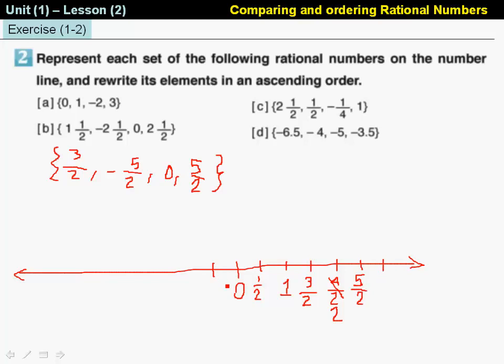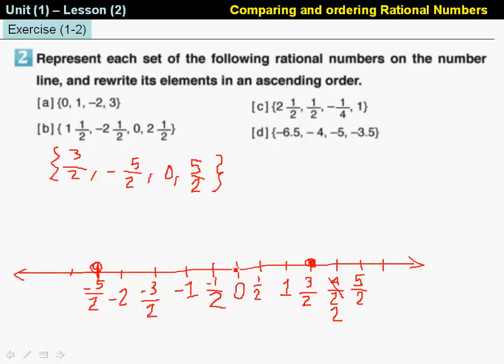Here minus 1 over 2, minus 2 over 2 which is minus 1, minus 3 over 2, minus 4 over 2 which is minus 2 and so on. We represent the rational numbers. This set: 3 over 2 is here. We draw a small circle or big point. Minus 5 over 2. Minus 1, 2, 3, 4, 5. So this is minus 5 over 2.